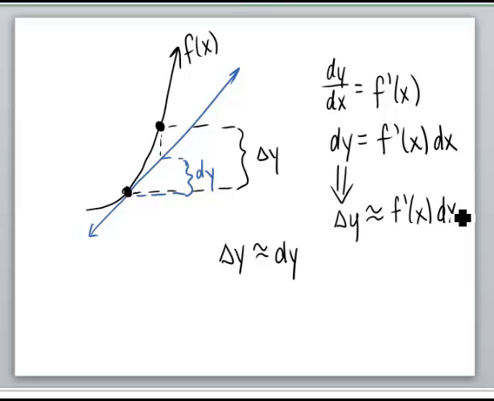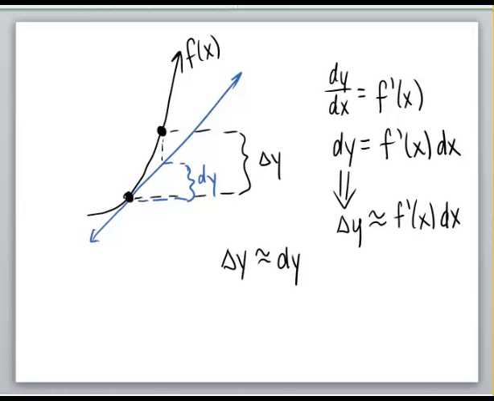I'll continue with some other examples in the next video. Looking at this picture, I want to go ahead and do one more thing. I want to mark this point right here and call this x comma f of x. And then this point up here would be denoted as x plus change in x, because we're moving across some distance of x here. And then the new height would be f of x plus change in x.